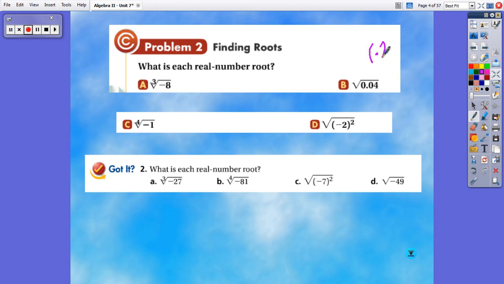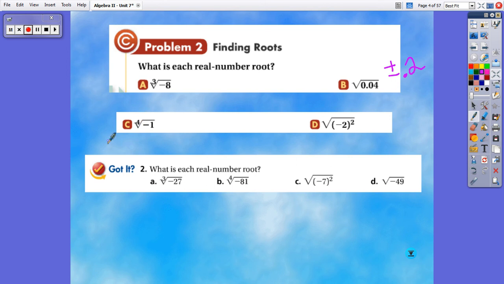So you could do 0.2 times 0.2 is equal to 0.04, or you could do negative 0.2 times negative 0.2, and you still get 0.04. So that means that this question has two answers. Your two answers are plus or minus 0.2.